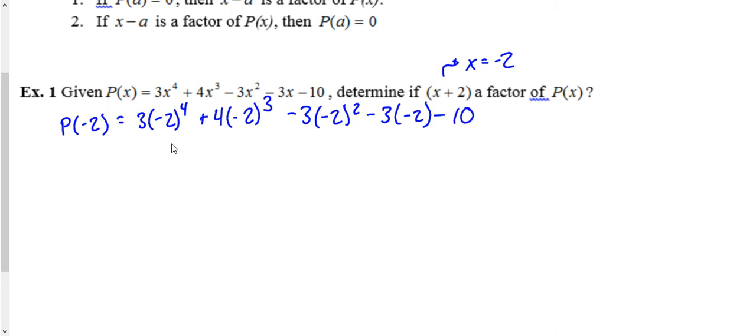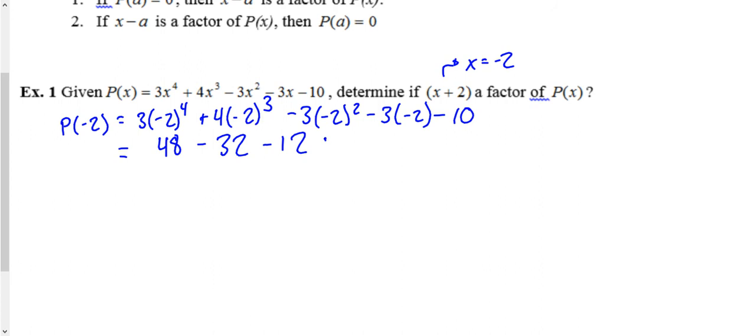There we go. So I just wrote down the equation, subbing in negative 2 for every single x I see. I'm going to try my best to clean this up. The first term here becomes 48. My next term, that's going to be 8 and 4 make 32, so it's negative 32 in fact. That's positive 4 and 3 makes negative 12.